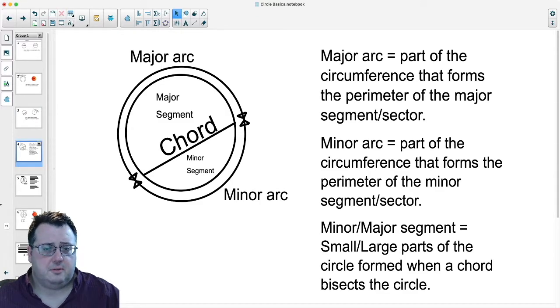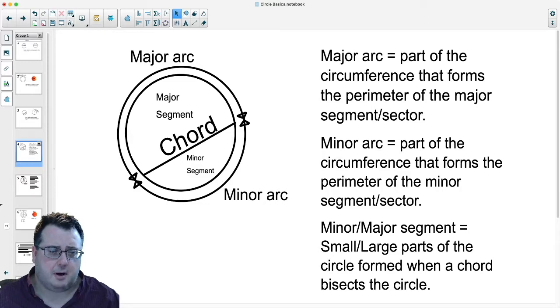So now we come on to more complicated terminology. Segments and arcs. A major arc is part of the circumference that forms the perimeter of the major segment or sector. So you can see it if you've got a chord cutting the circle.